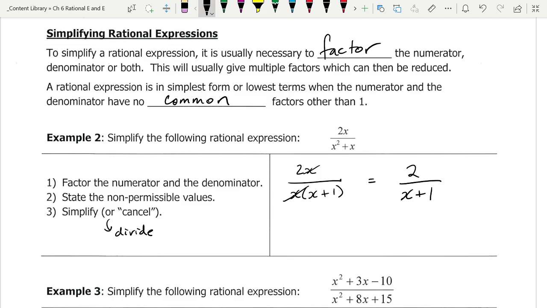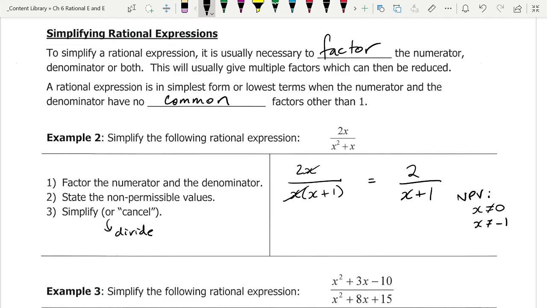But I should state my non-permissible values. My non-permissible values here are x can't equal 0 and x can't equal -1.